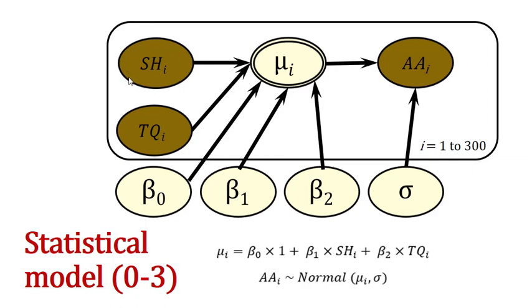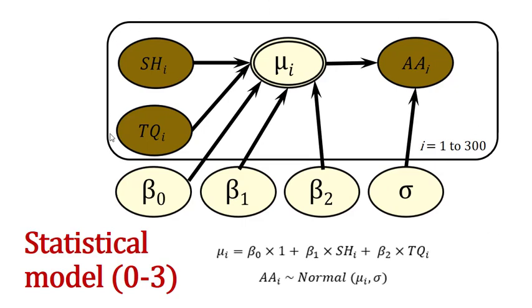What will change in the models is the constraints that each model has. So here we've got that the variable SH, which is study hours, and TQ, which is teaching quality, will affect the variable mu, and also the parameters beta 0, beta 1, beta 2 will affect mu, and mu and sigma affect the values of academic achievement.